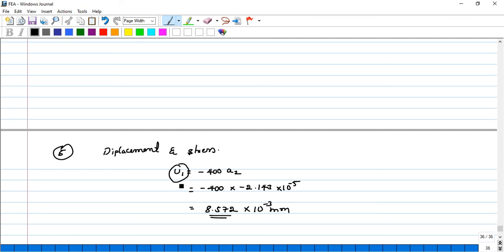Now using this, we have to identify the stress. So how to calculate the stress?